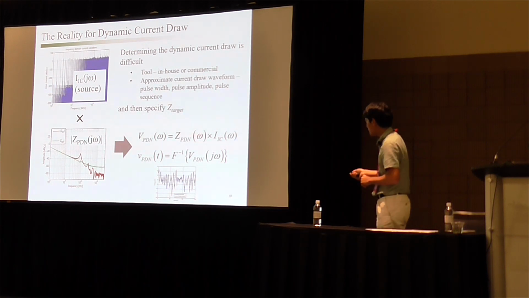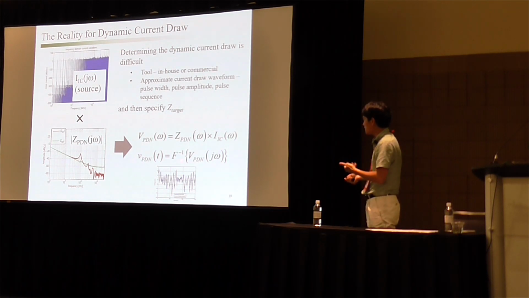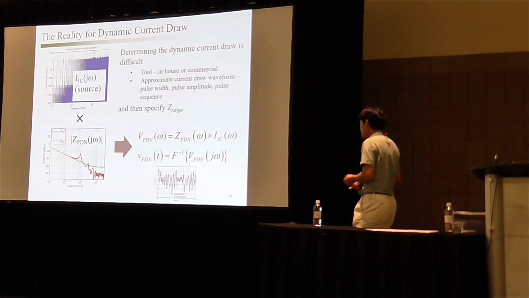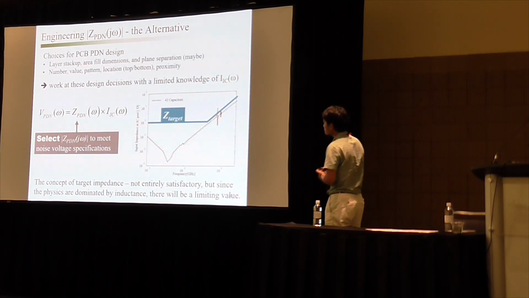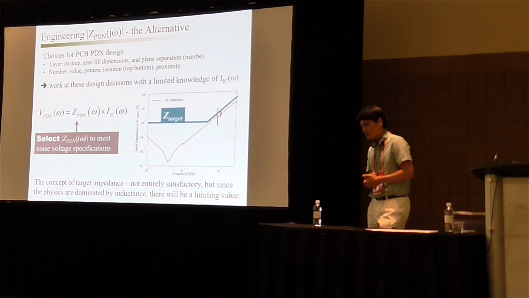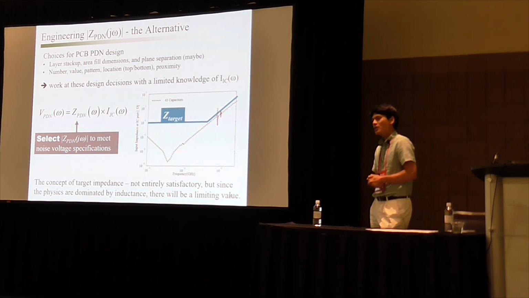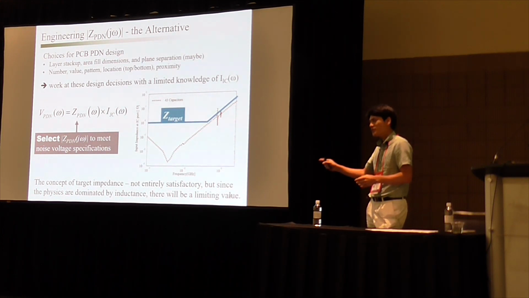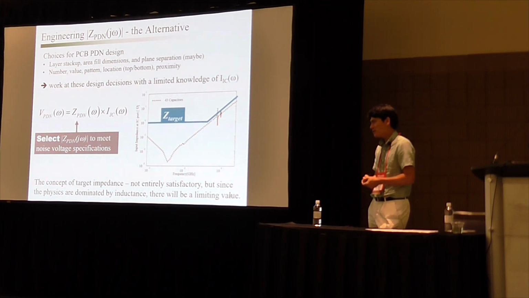And then by taking the IFT, we can convert that into a voltage in time domain. But all of this is not practical for PCB design, because when you change the decap, you cannot check the voltage every time. You don't have enough information to do that, and this process is quite troublesome.